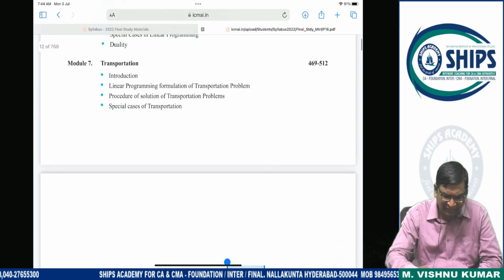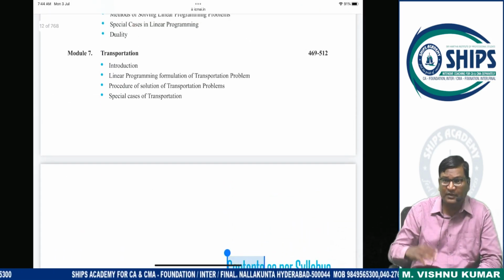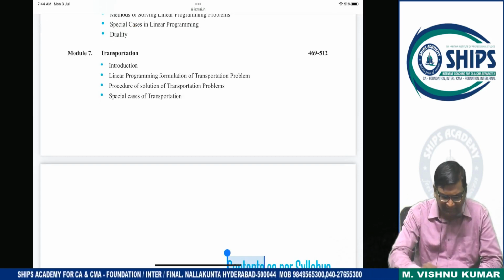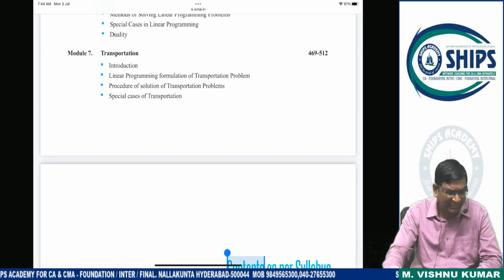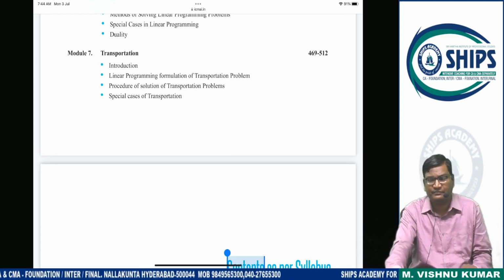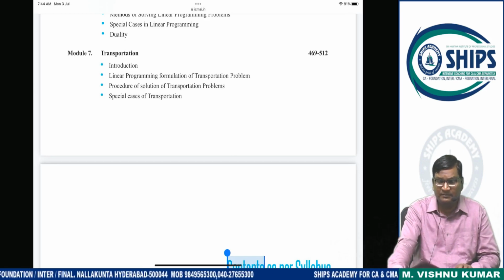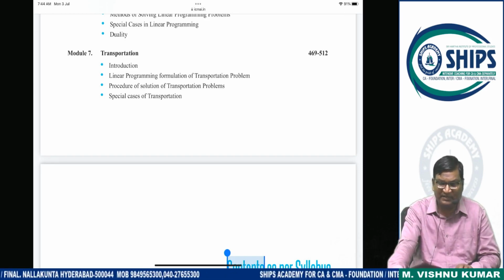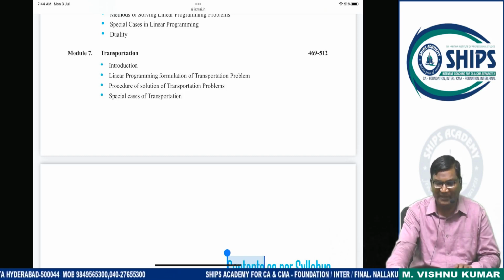Transportation. In transportation, what you learned previously is the same, but the level of problems will be more complicated here. Previously at intermediate level you learned the northwest corner rule, least cost method, Vogel approximation method, then test of optimality.